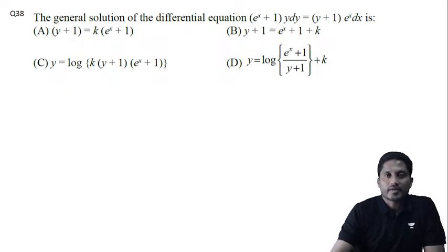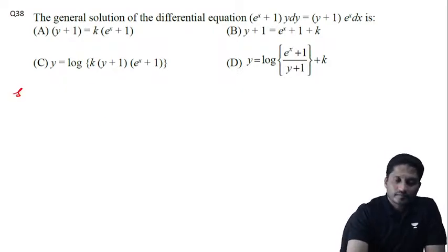Okay, now if I separate the variables, e power x plus 1 into y divided by y plus 1 into dy is e power x divided by e power x plus 1 dx.